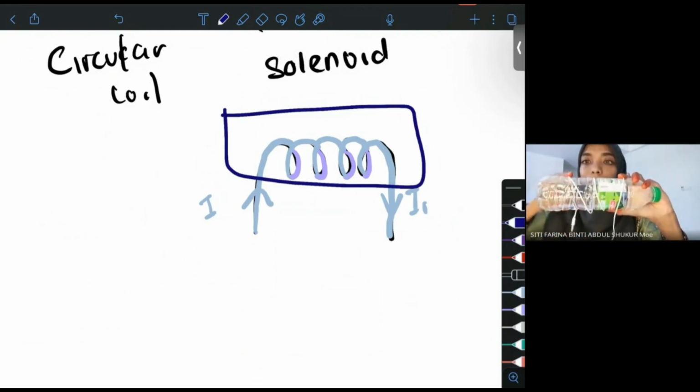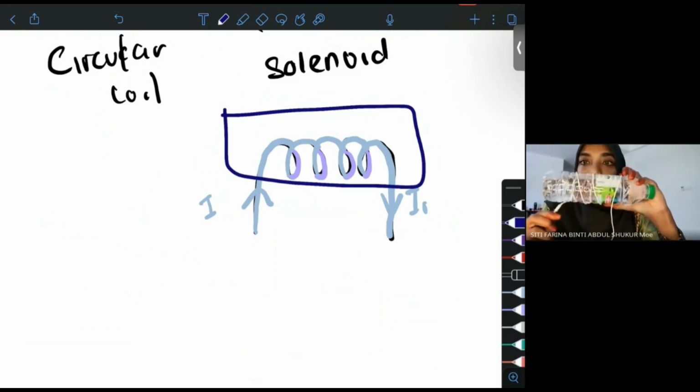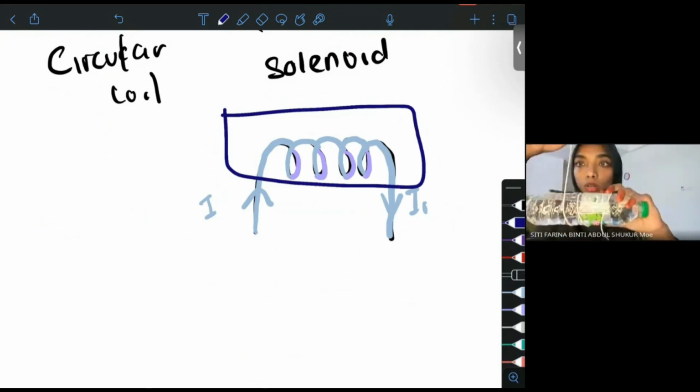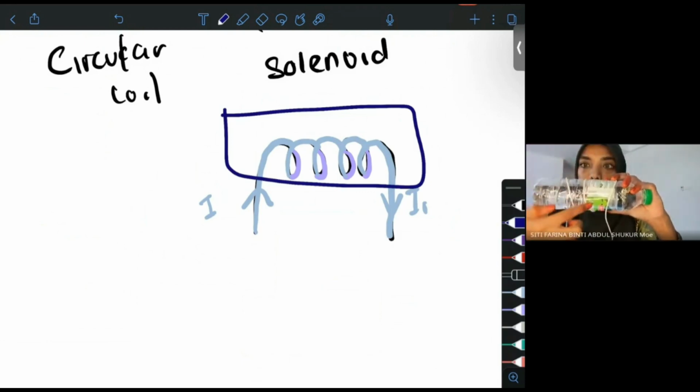Current naik dari belakang, dekat depan ni dia turun, dia pusing, dia turun, dia pusing, dia turun. So, dekat bahagian depan ini, sebab ini dekat on the behind side of your solenoid, nampak tak? Dia dekat belah belakang. So, sebab current naik dari sini, current akan turun dekat depan. Pusing, turun balik dekat sini. Okay, on your front side, dia tengah turun.